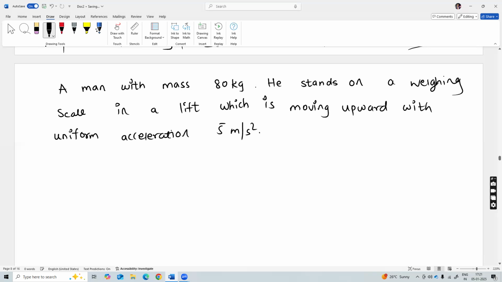So what would be the reading on the scale?